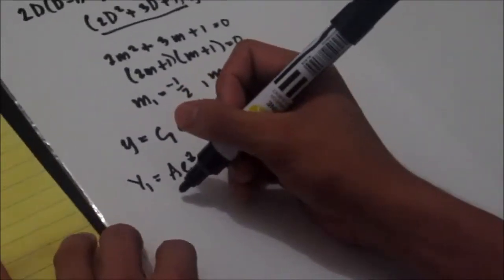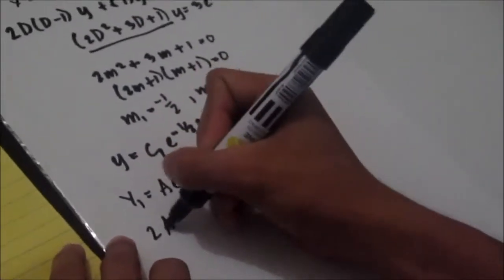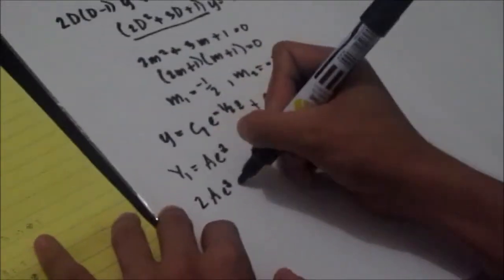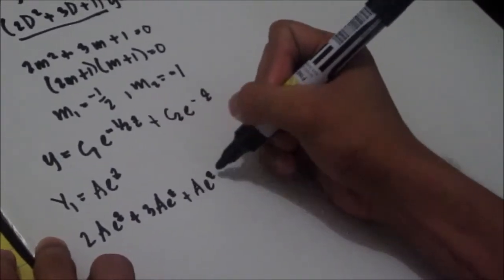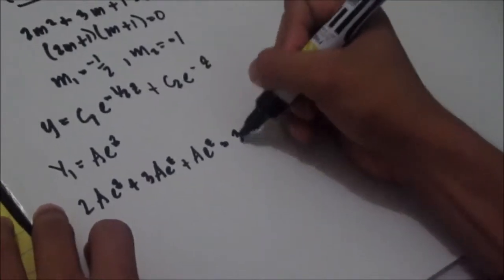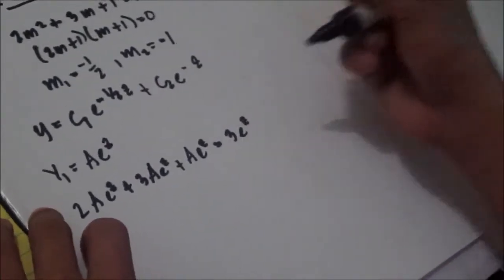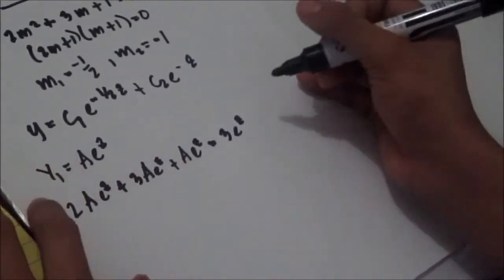So we will get the equation 2a e to the z plus 3a e to the z plus a e to the z equals 3e to the z for the first term of the right hand part of the equation.